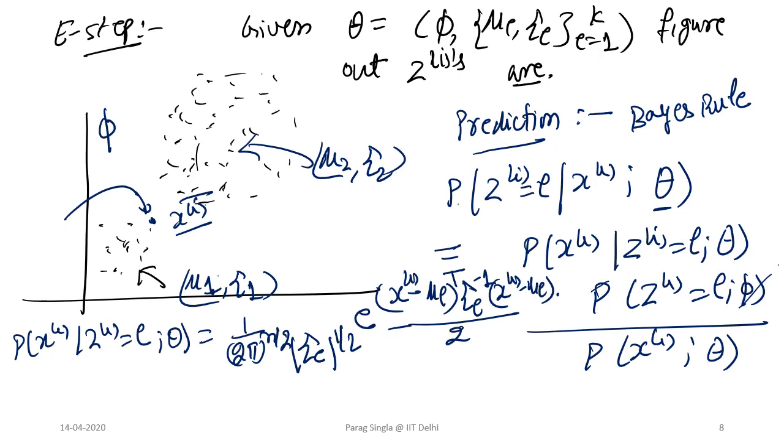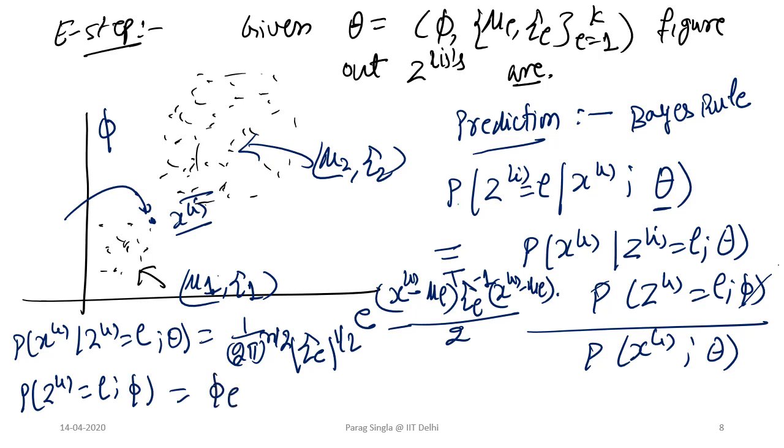And this is essentially the expression for the normal distribution. Also P of zi equal to L parameterized by phi is nothing but phi L. So this is also known.